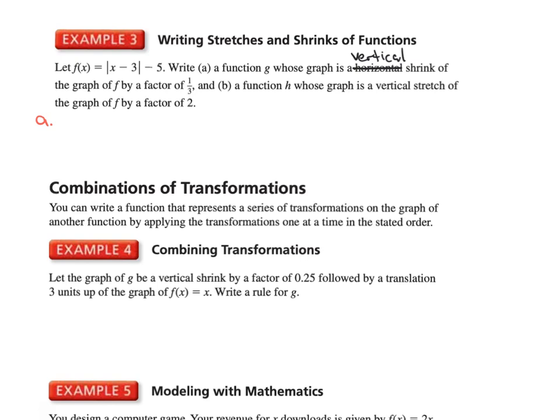So I need to take this entire function, f of x, and multiply it by 1/3. So 1/3 times f of x equals 1/3 times the absolute value of x minus 3, minus 5. Then you distribute.